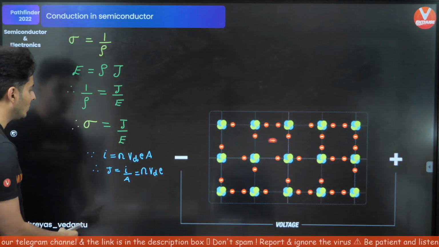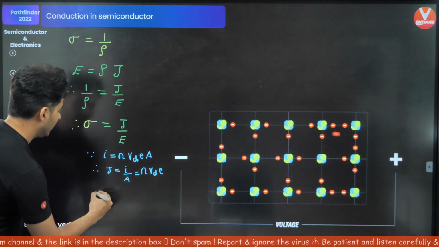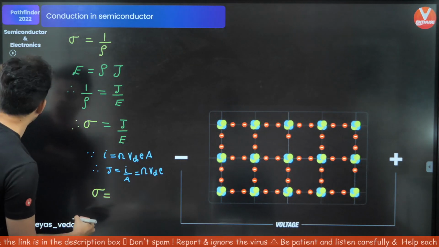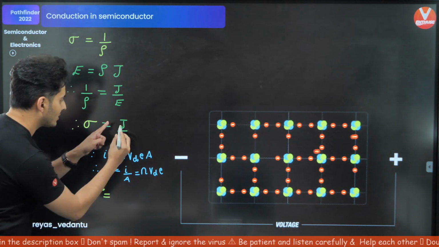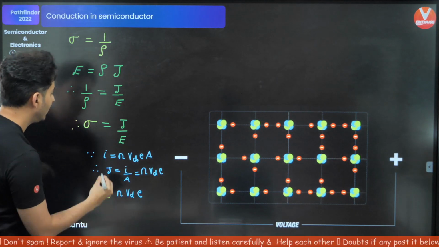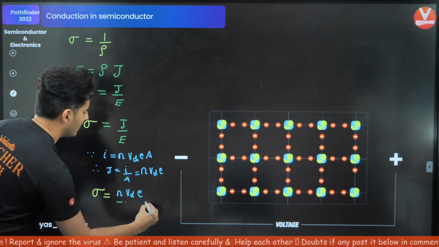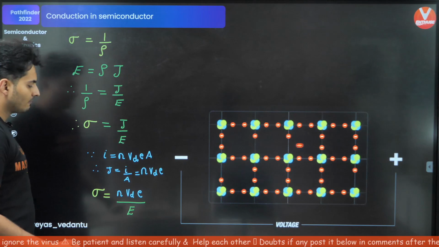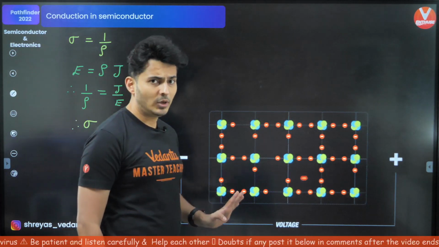Hence, I can substitute that over here. Sigma is equal to, instead of J, you put n Vd e, and that E comes over here as it is. Fair enough till this point?